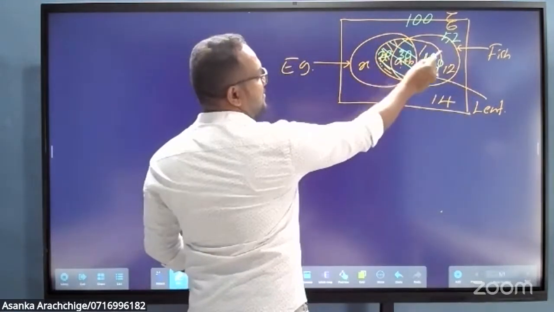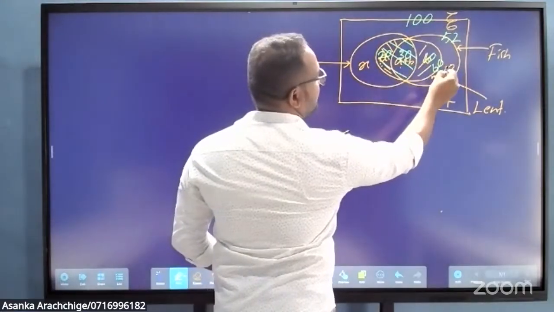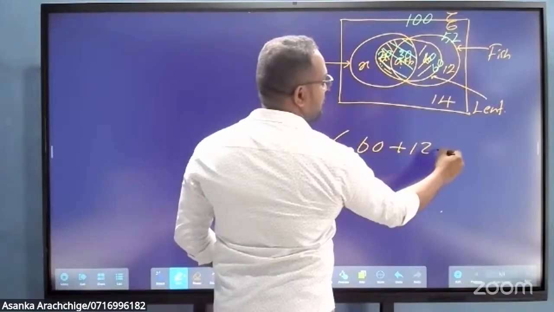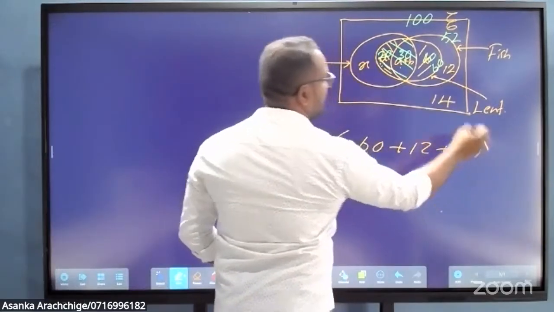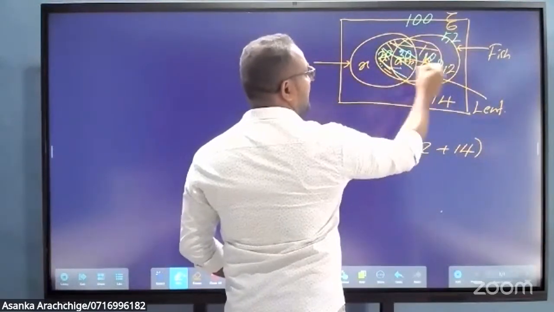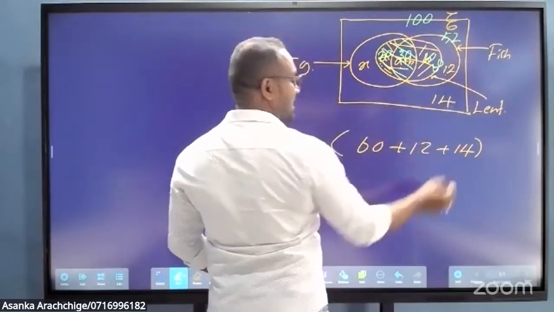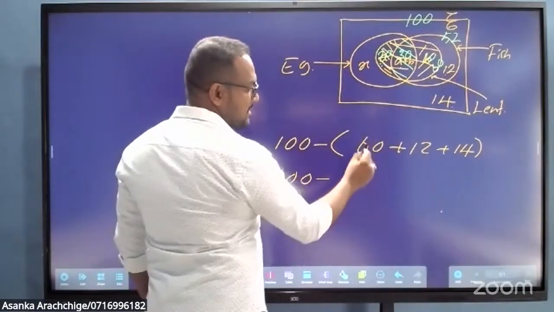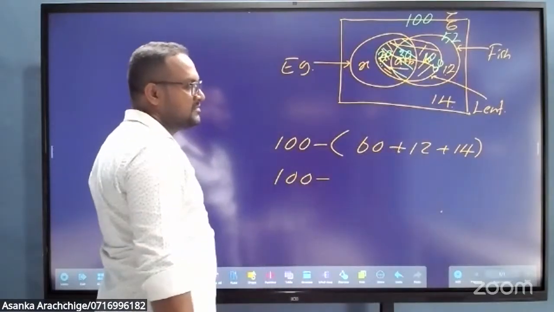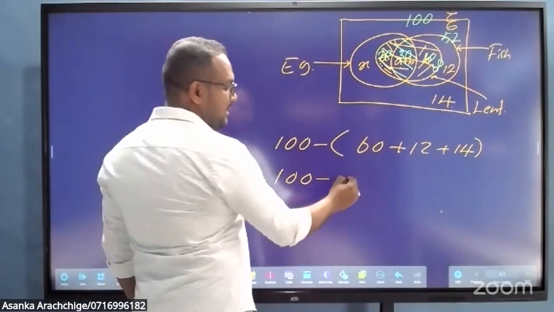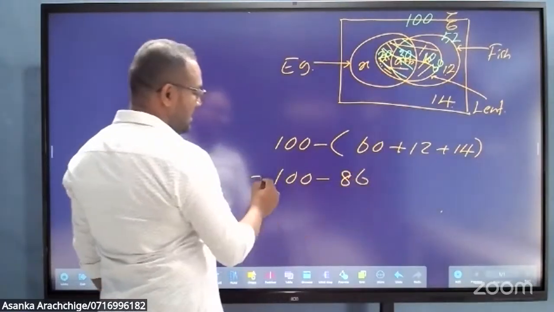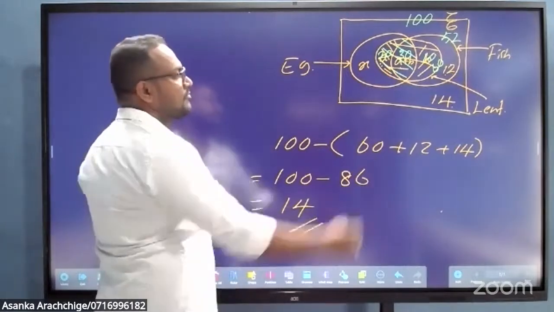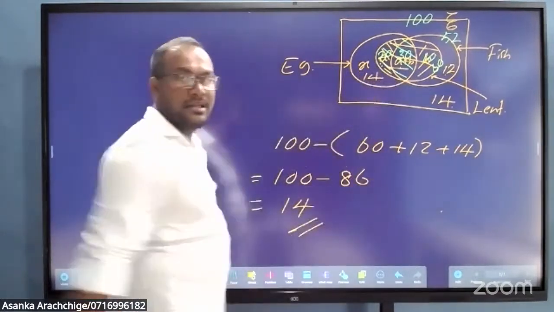From 100 you have to subtract 60 plus 12 plus 14. 100 minus 60 plus 12 is 72, plus 14 is 86. Answer: 40 people. This is 40. Am I correct?